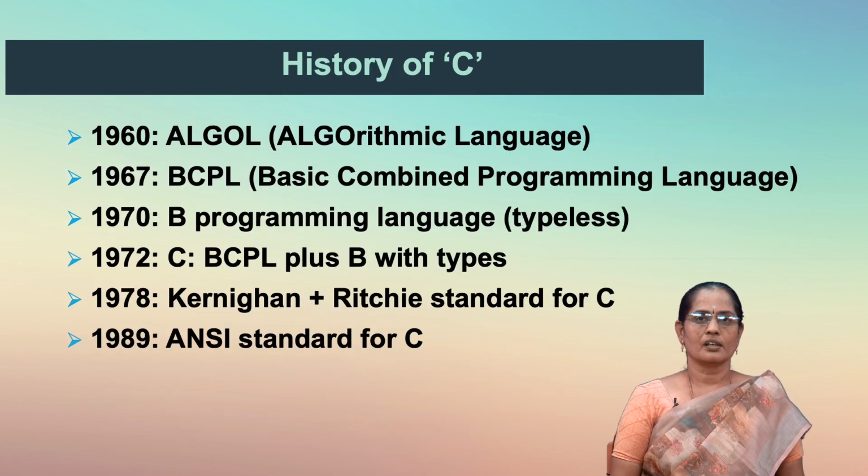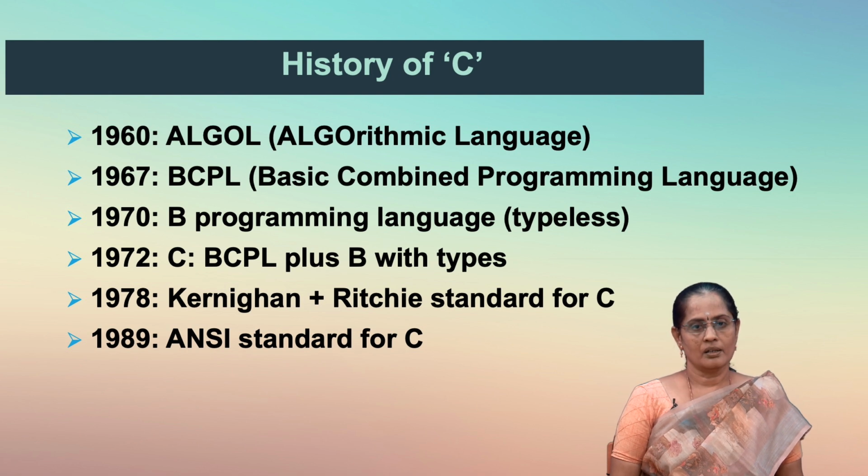On focusing on the history of C, ALGOL was the first language, introduced in 1958 and made public in 1960, named the algorithmic language, which is specifically meant for arithmetic calculations.